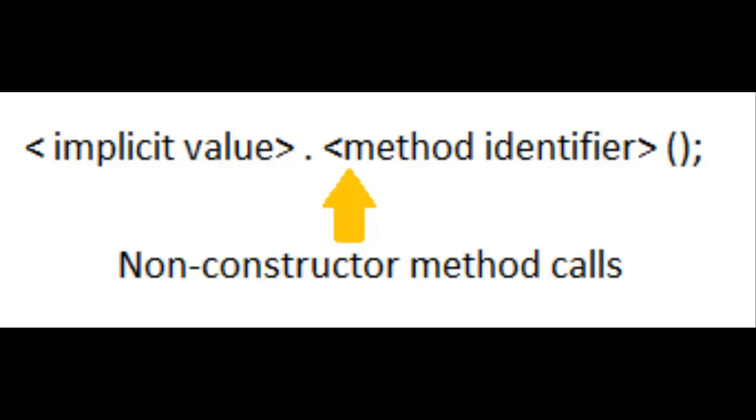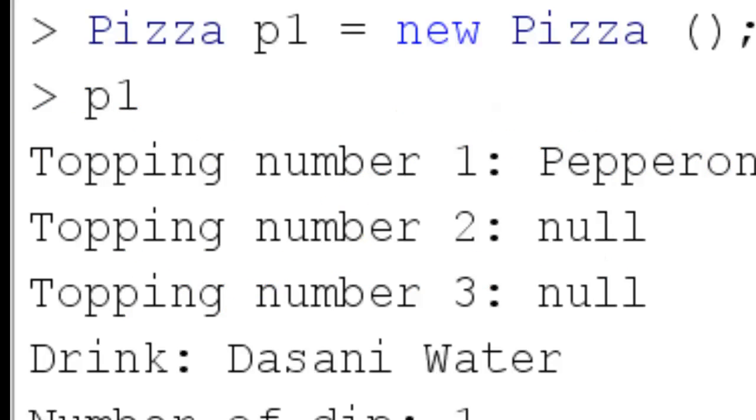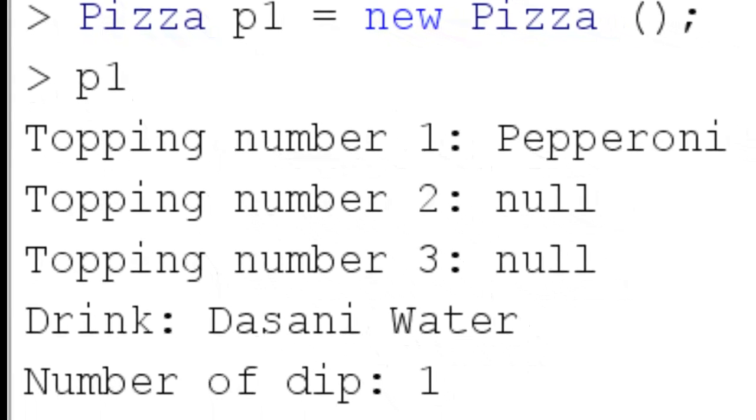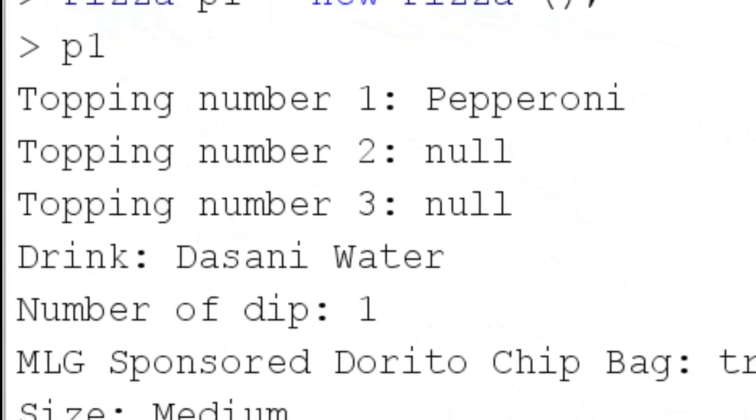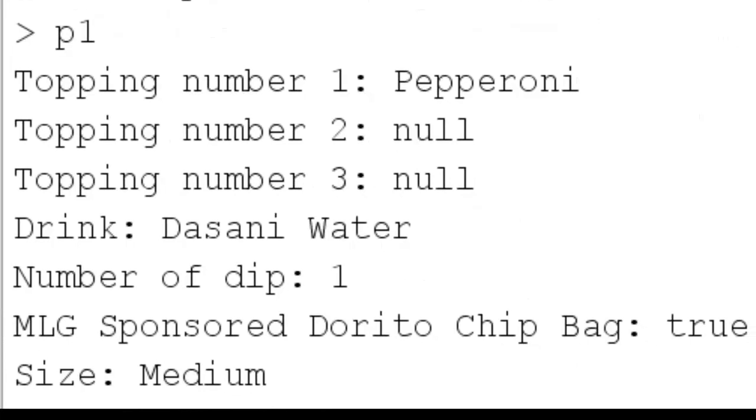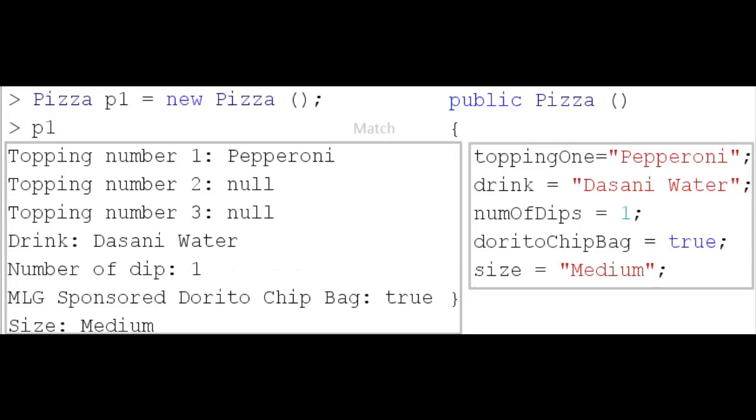What's different is that other instance methods use the format implicit value followed by dot, method identifier, and then parameter list. Whereas the constructor is called by writing pizza object P1 followed by new and then the object name and the parameter list. So now let's see if the values of P1 match our default constructor, and yeah, it does.